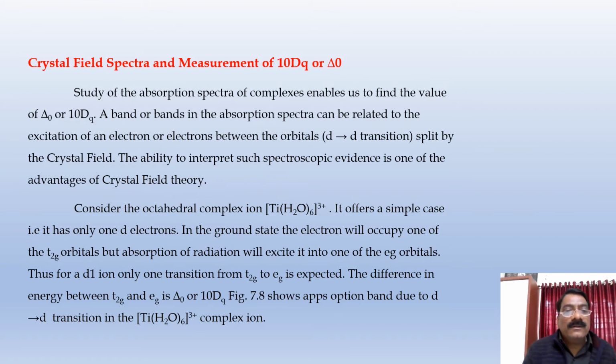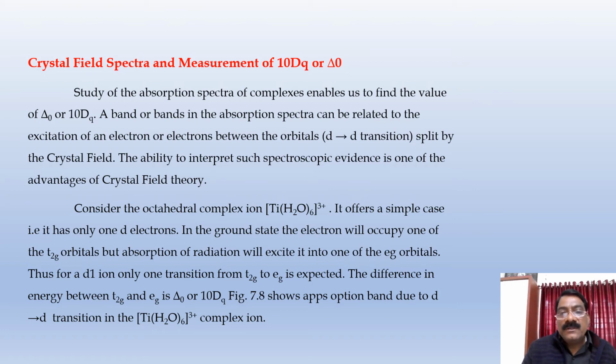Thus, for a d1 ion, only one transition from t2g to eg is expected. The difference in energy between t2g and eg is delta O or 10 Dq.